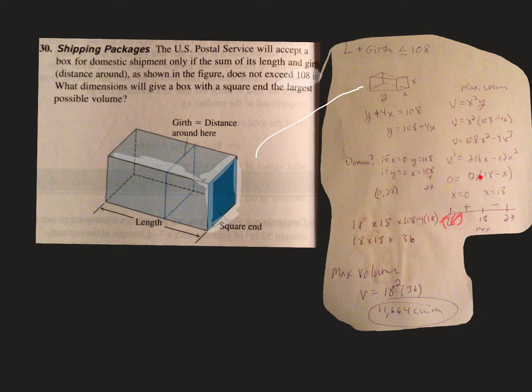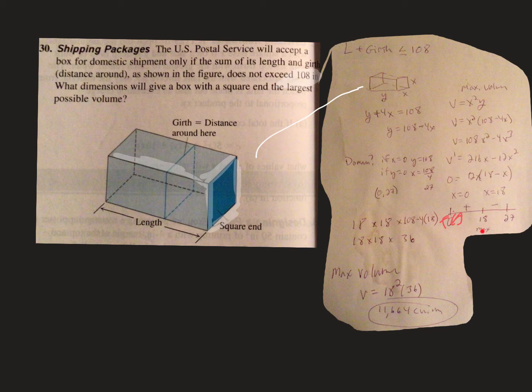I picked 1. 18 minus 1 is positive, so positive times a positive is positive. If I picked a number bigger than 18, like 19, 12 times 19 is okay, but 18 minus 19 is a negative number, so the derivative is negative. So the function's increasing up till 18, then it's decreasing.